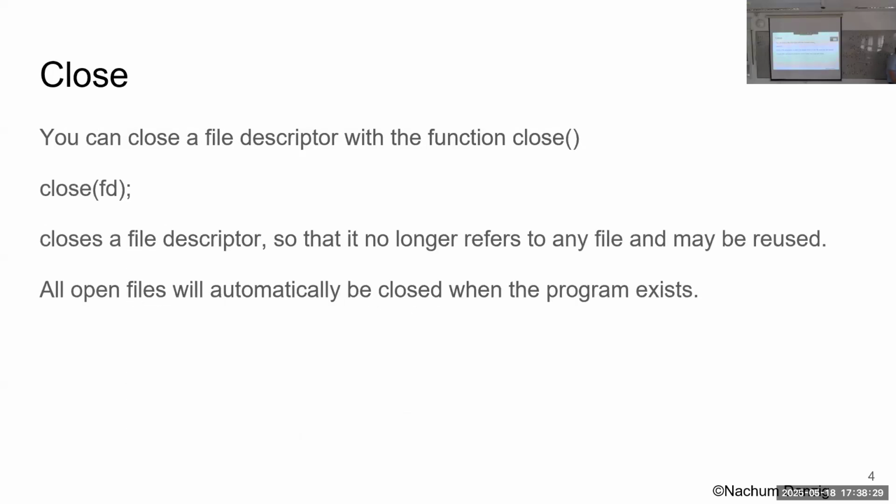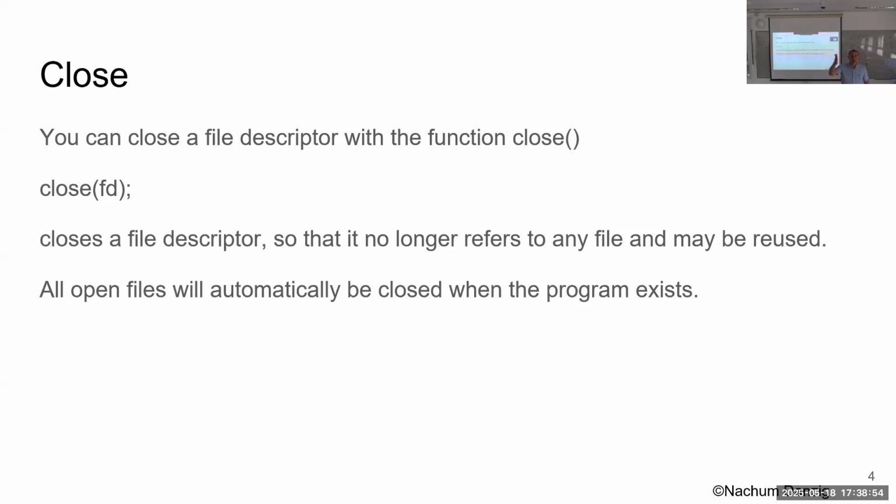Okay, close is the sister to open, and when you finish using a file, you close it. And actually, an important point, in my opinion, although maybe there's a debate about this, is that when your program ends, the files will automatically be closed, assuming you didn't create a fork.